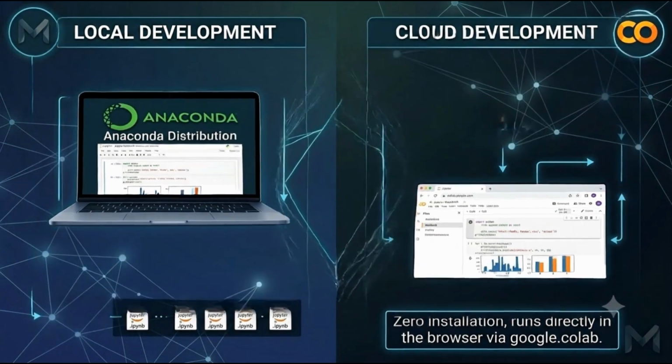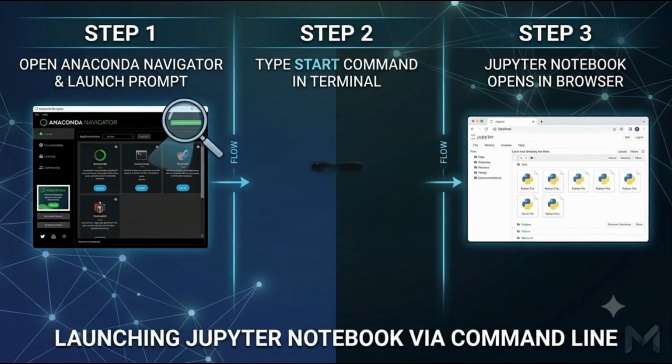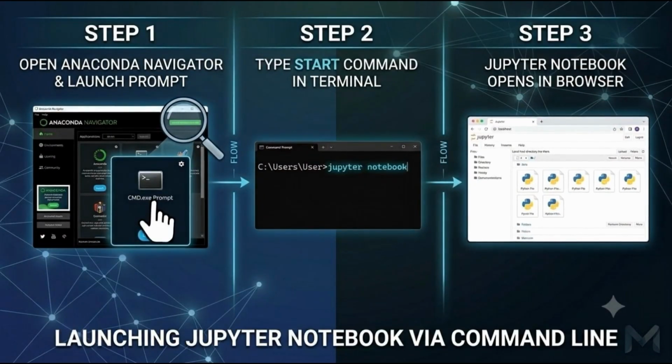Jupyter Notebook, the interactive workbench. Once you have Anaconda installed, your primary workspace will almost certainly be a tool called the Jupyter Notebook. Traditional programming languages require you to write a massive script, compile it, run the entire thing, and pray that there isn't an error on line 40.